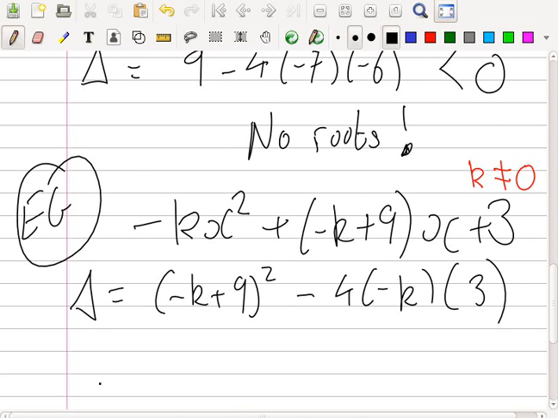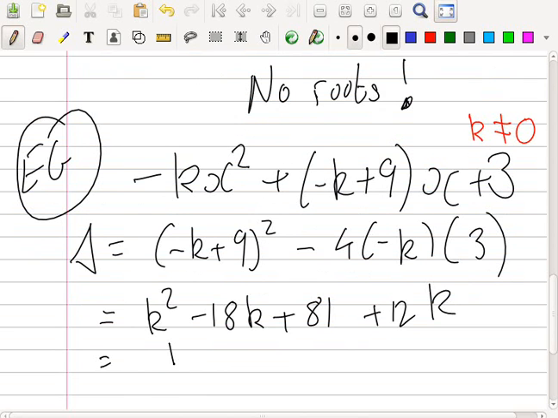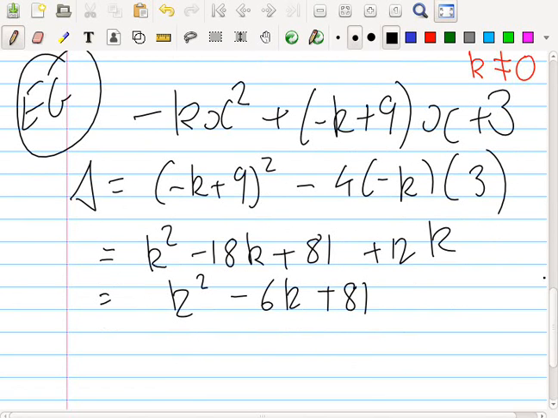When you open this bracket, you'll get k squared minus 18k plus 81, plus and minus is plus 12k. So k squared minus 6k plus 81. And you might say, well, that's useless because I don't know if that's positive, I don't know if it's negative, I don't know if that is 0.